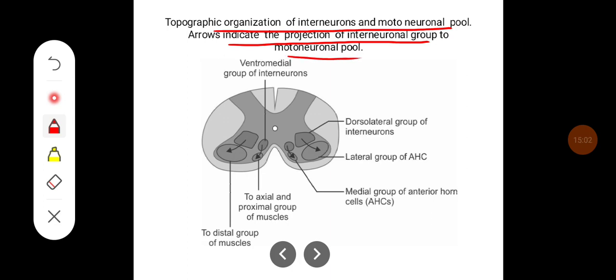These are the areas where the interneurons are situated, and these are the areas where the anterior horn cells are present, which are going to go to the distal group of muscles, and these groups are going to go to the axial and proximal group of muscles.